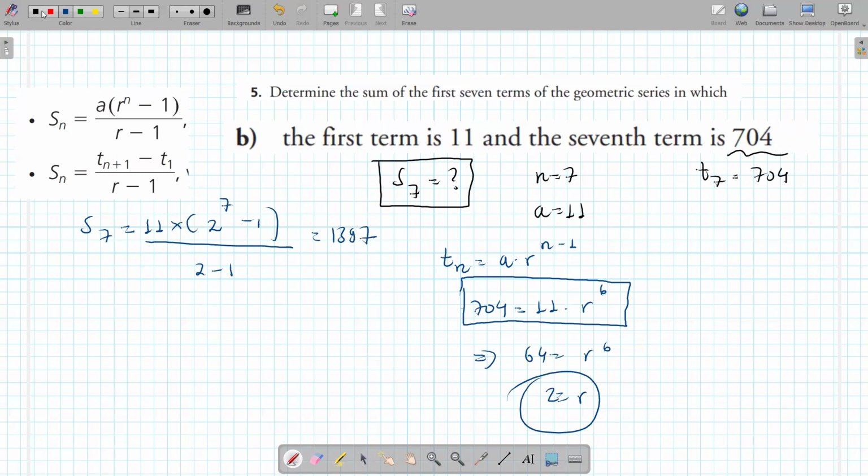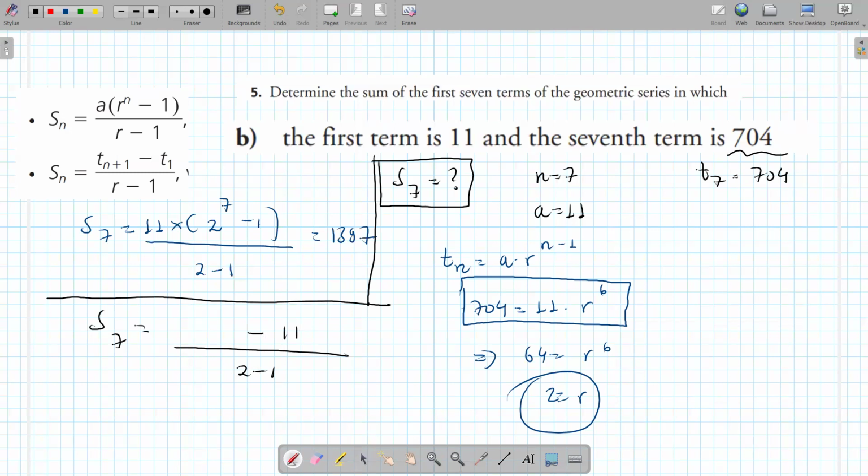Now let's say you want to use the bottom one. You're feeling brave. Yeah, you could. But we need to find Tn plus 1. What does Tn plus 1 represent here? If you're looking for the first 7 terms, Tn plus 1 represents T8.